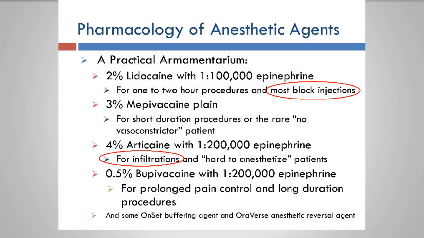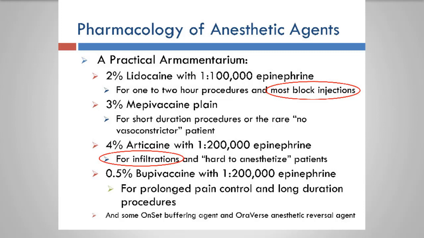Also this is my anesthetic of choice for those few patients that I really can't use a vasoconstrictor on. I really don't feel their cardiovascular stability is sufficient to take the risk of using even the very small amounts of epinephrine and other vasoconstrictors that we use in dentistry.